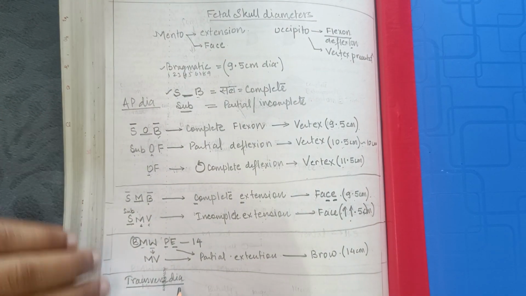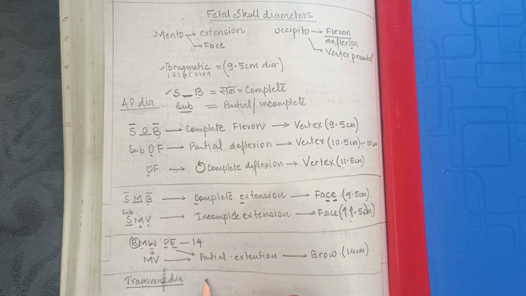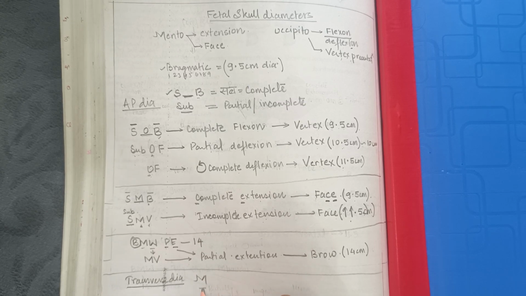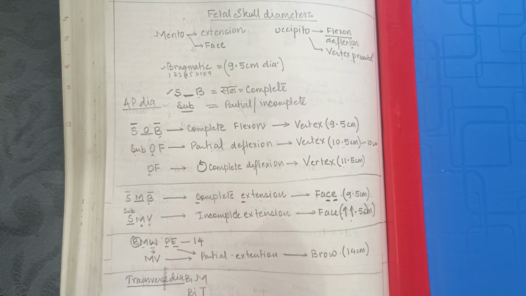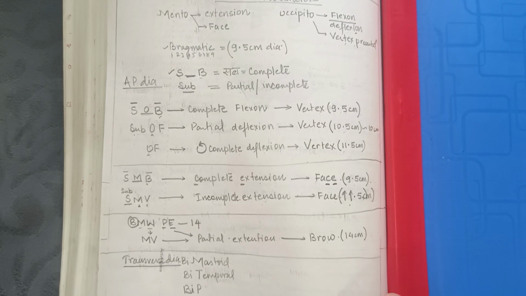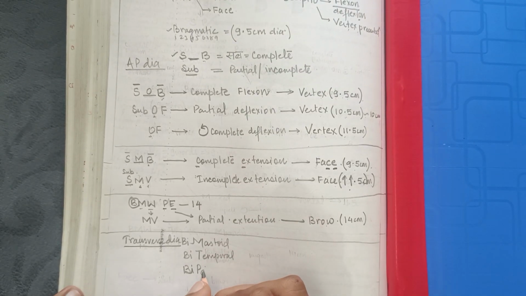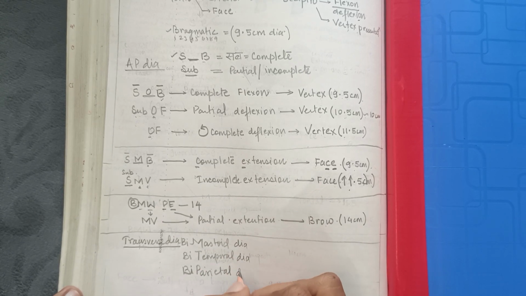Transverse diameter, so okay, there are three important transverse diameters that we have to remember. This comes by mastoid, by temporal, and by parietal diameter.